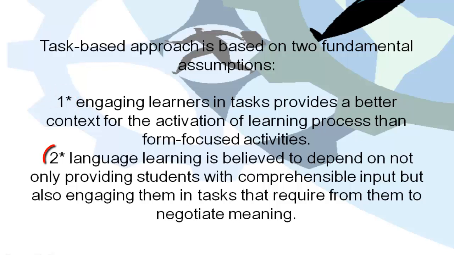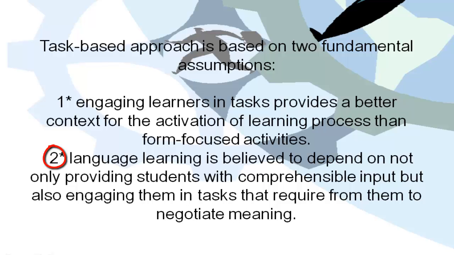Second, language learning is believed to depend not only on providing students with comprehensible input, but also on engaging them in tasks that require them to negotiate meaning. The phrase negotiate meaning is one of the phrases that support the theory of Long. He and another applied linguist called Swain have a theory of output.